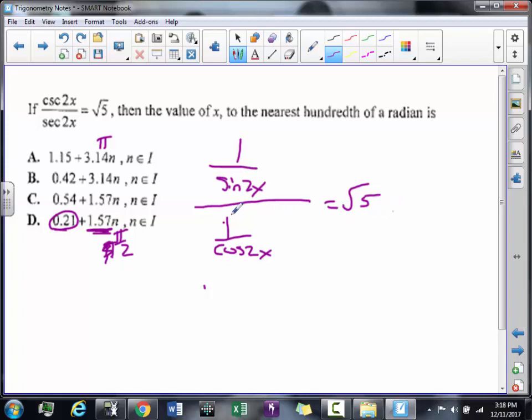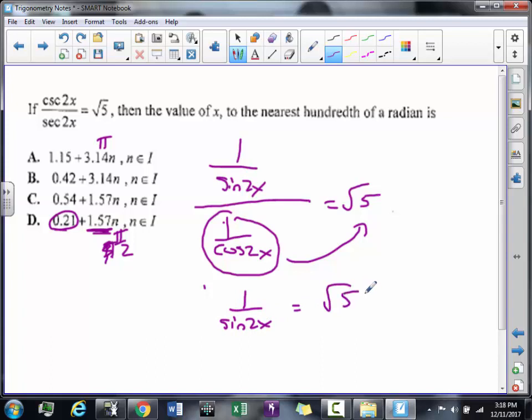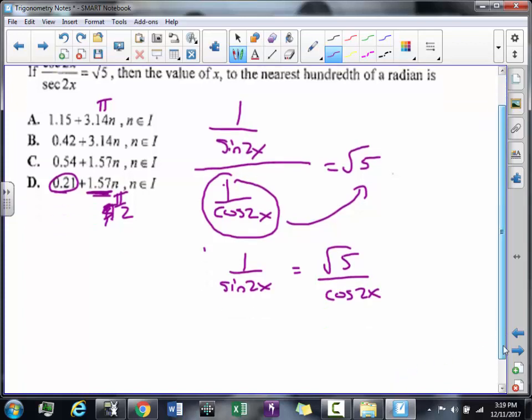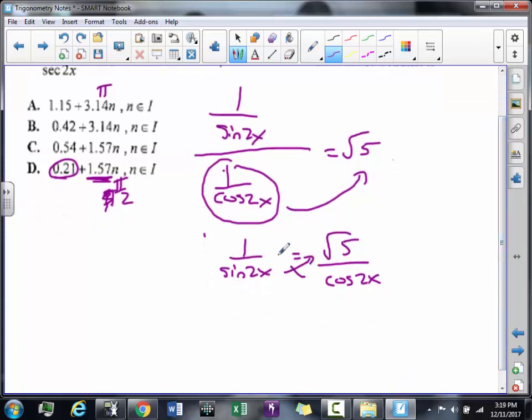But the reason I would do that is now I can bring this whole thing up to the side and make it 1 over sine of 2x equals root 5 over cosine of 2x. I could rearrange it a little bit. And then I could cross multiply, which would give me cosine of 2x equals sine of 2x times root 5.